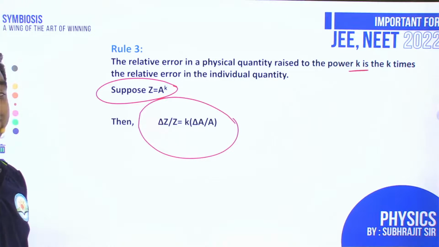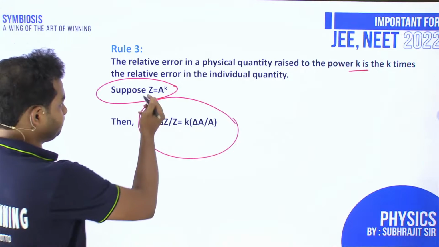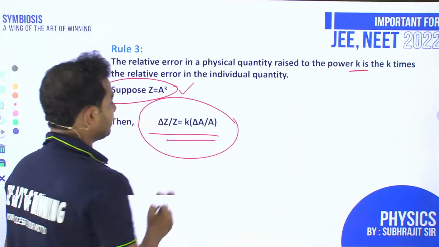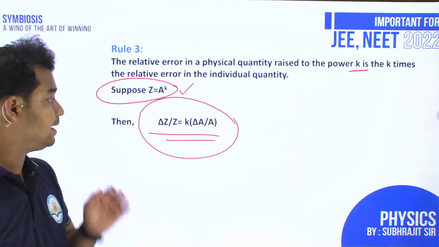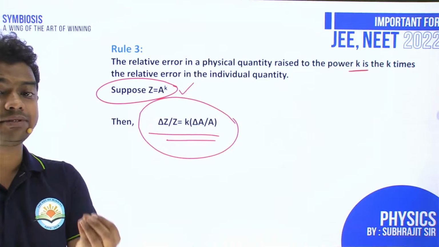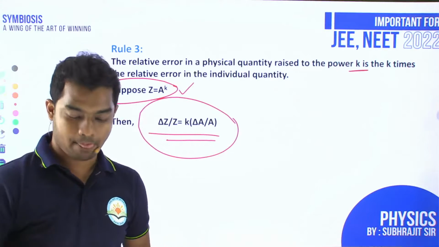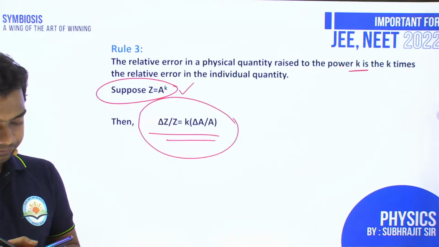So we got rule number 3: del Z divided by Z equals K times del A divided by A. Got it?